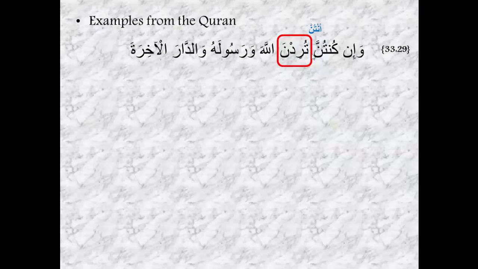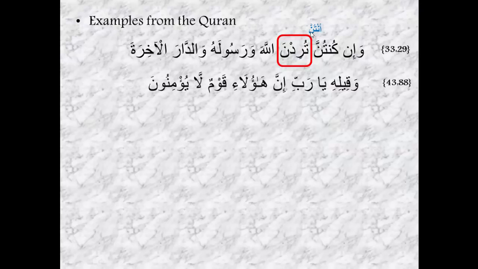Also note that verbs conjugated for hunna and antunna, the two feminine plural conjugations, are relatively rare in the Quran, relatively less common, I should say, compared to the other verbs. Next example, وَقِيلِهِ يَا رَبِّ إِنَّ هَؤُلَاءِ قَوْمٌ لَا يُؤْمِنُونَ.